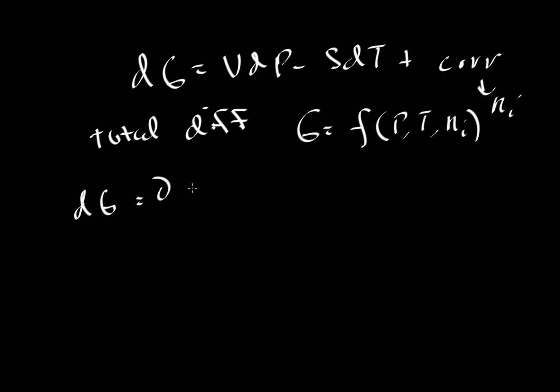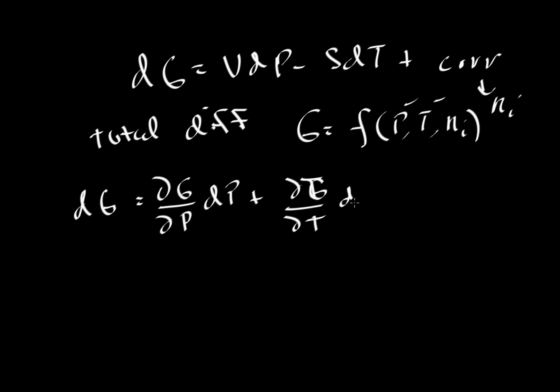We take the partial derivative of G with respect to pressure, multiplied by dP, plus the partial derivative of Gibbs free energy with respect to temperature, multiplied by dT, plus the change in Gibbs free energy with respect to the number of moles of i, multiplied by dn_i.